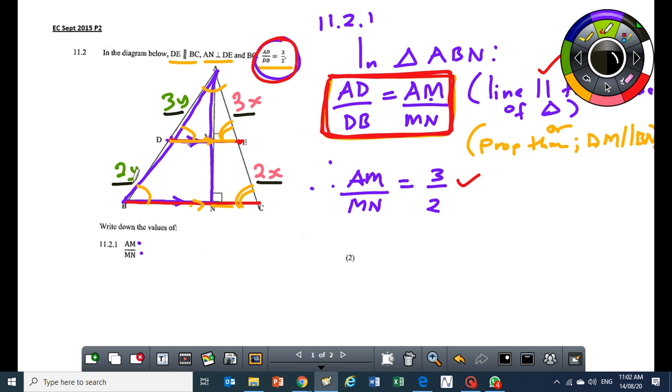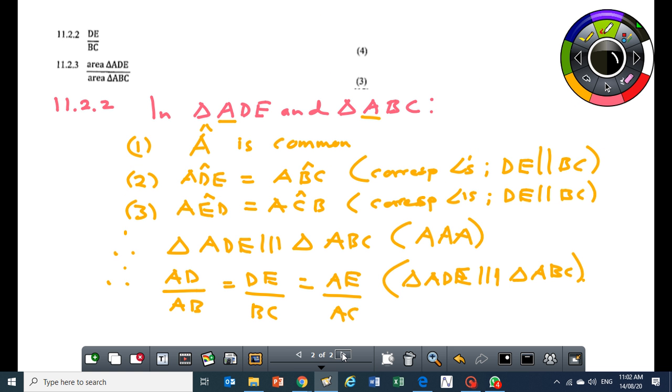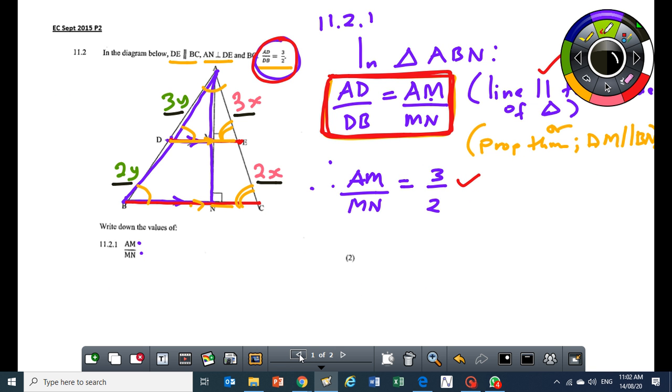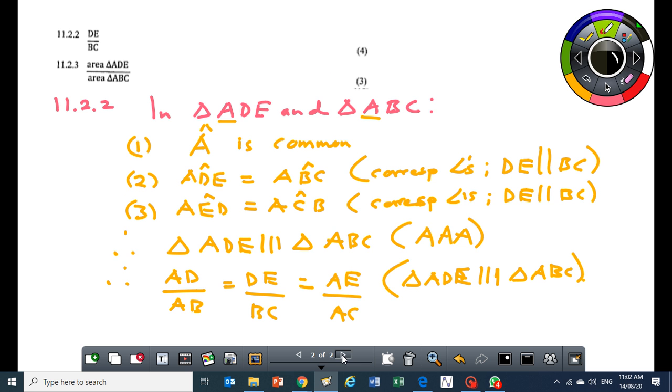Now, for triangle ADE, if I want DE over BC, remember that's the one that I want, DE over BC, okay? So I can choose, say, AE and AC.